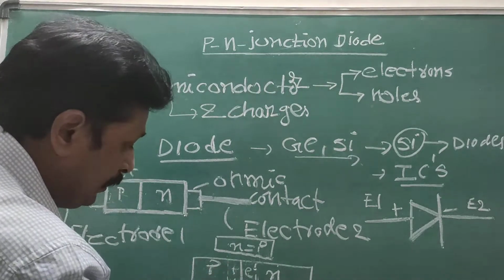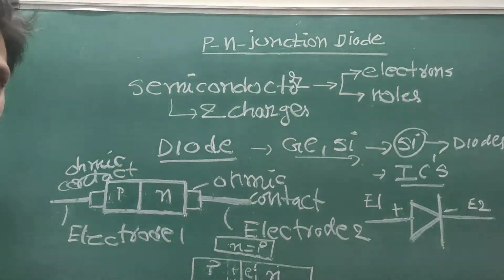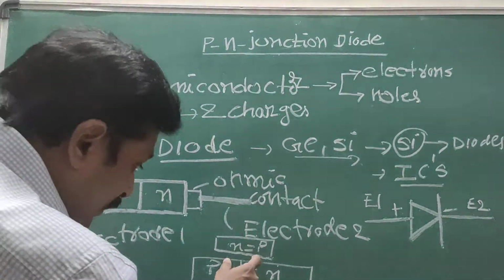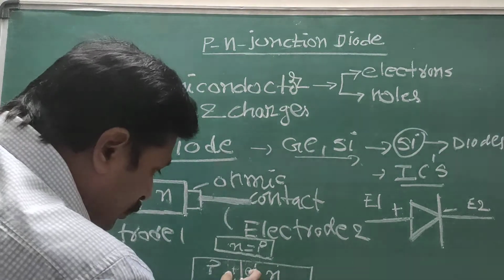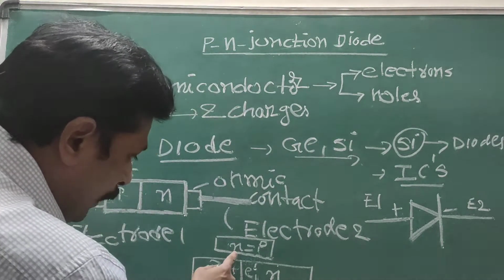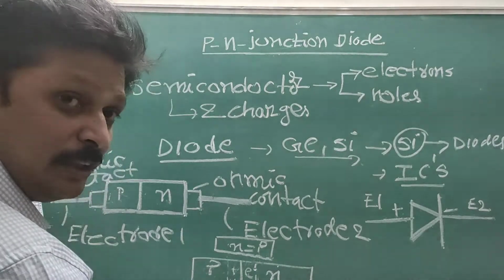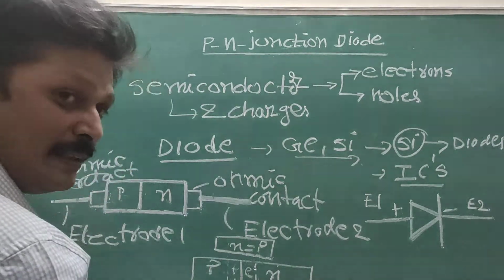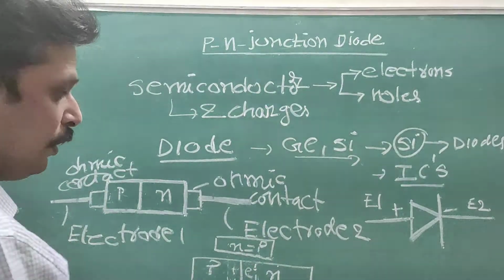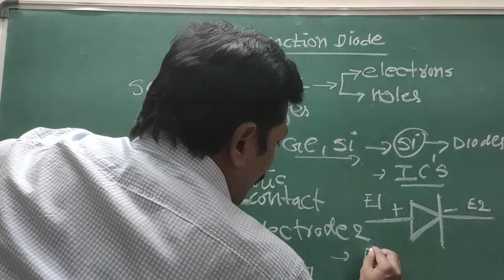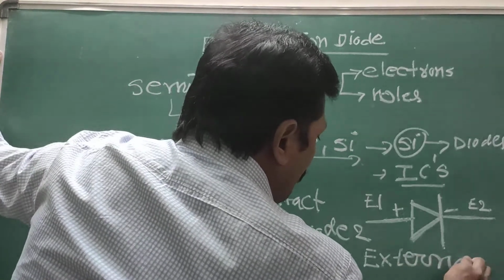After formation, there is no further flow of charges from P to N and N to P. Now, to break this condition, to reduce the count of the number of holes and electrons which appear around the junction, you want to change this condition, you require an external bias, an external potential, that is called external biasing.